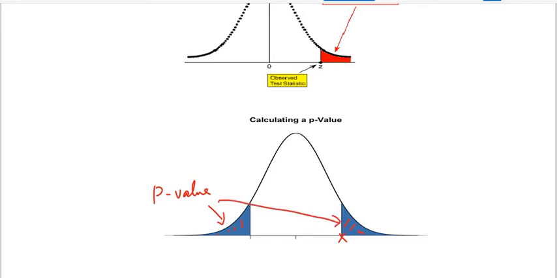We call this the two tail, or two tails. So we have one tail and two tail. When we use the p-value, it's one tail or two tail, depending on the situation. So we have a one tail test or a two tail test.